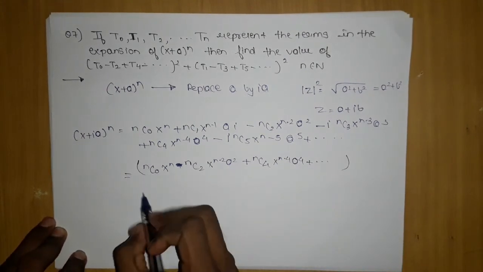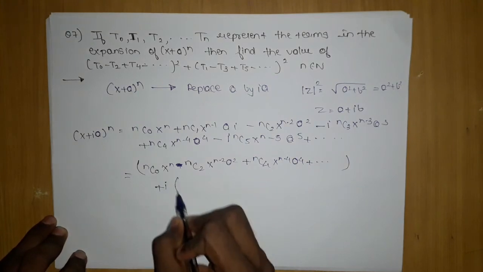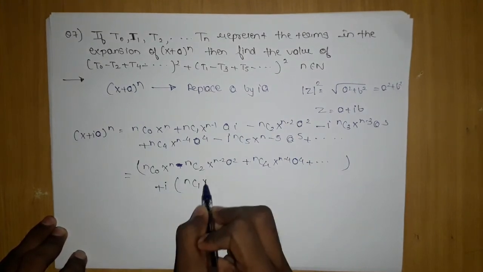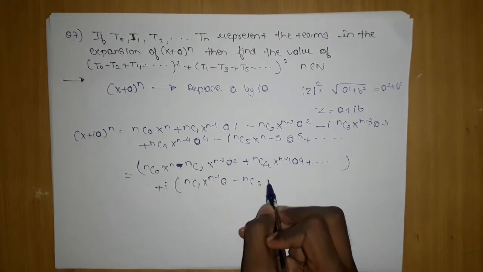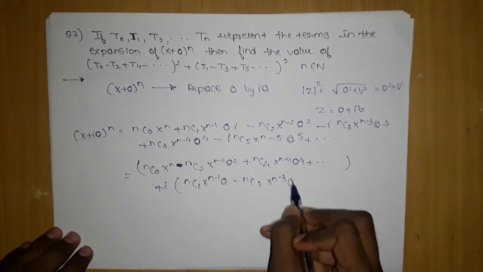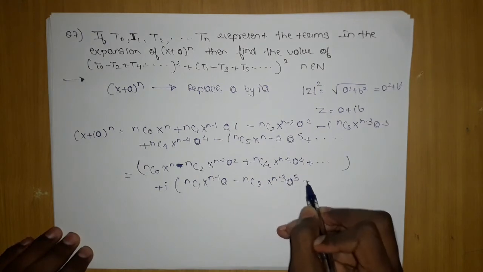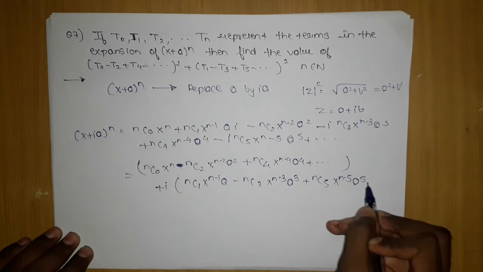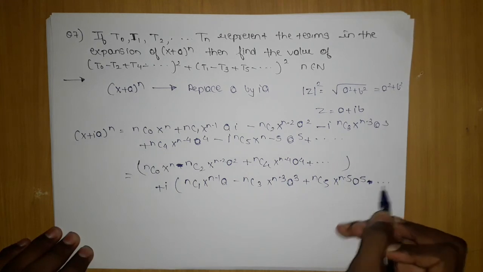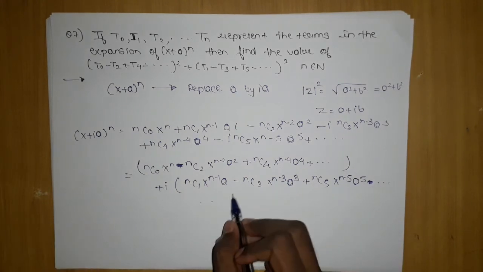Now after this iota, we know here nC1 x power n minus 1 a minus nC3 x power n minus 3 a power 3 plus nC5 x power n minus 5 a power 5, and this will go on, right?